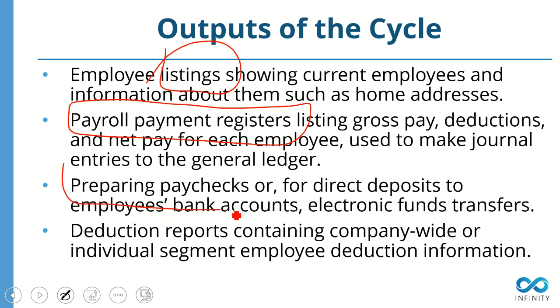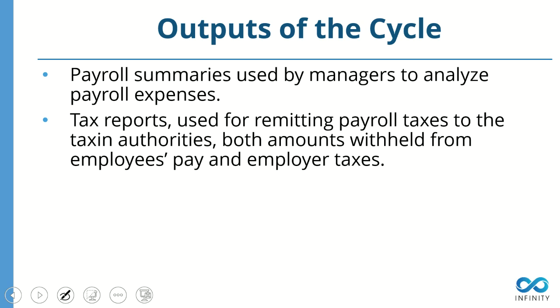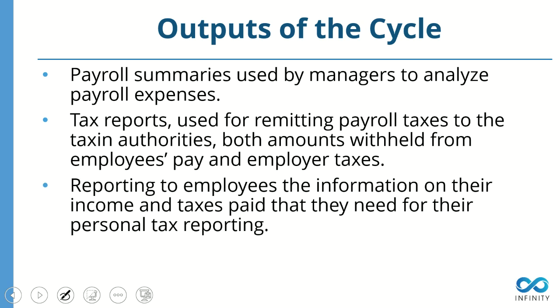Then preparing paychecks to the employees can be done, and deduction reports, how much is deducted from his salary, all those reports can be made with the help of AIS. Same like tax reports, how much tax the company is paying for him or how much tax the company is withholding for him in the organization. So all this information we can generate using AIS.